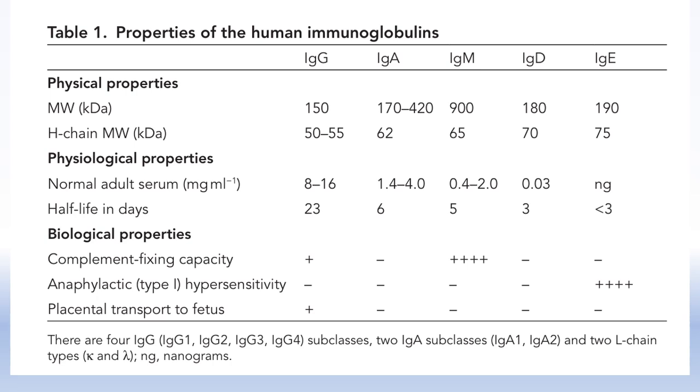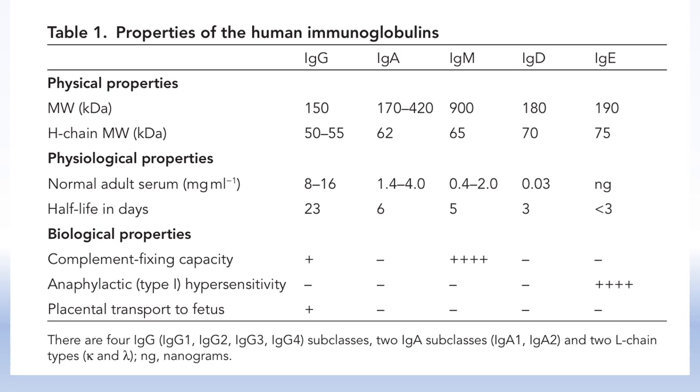Properties of human immunoglobulins. The physical properties: molecular weight in kilodalton, IgG 150, IgA 170 to 420, IgM 900, IgD 180, and IgE 190.